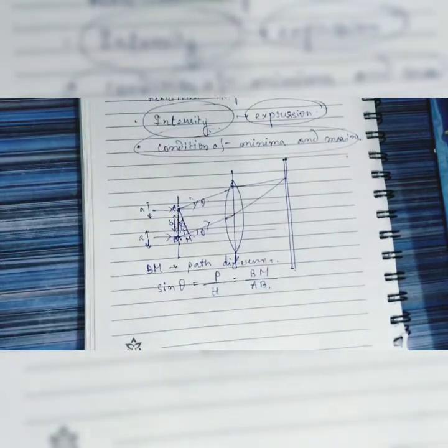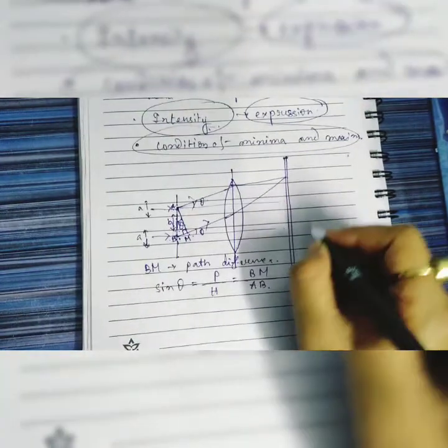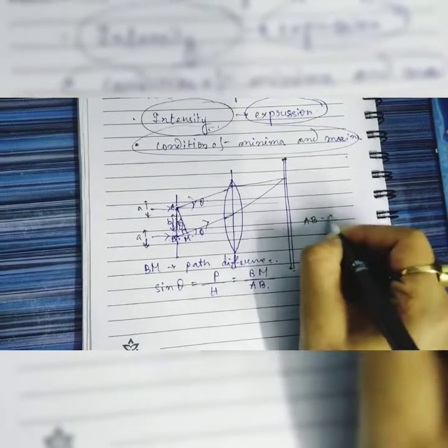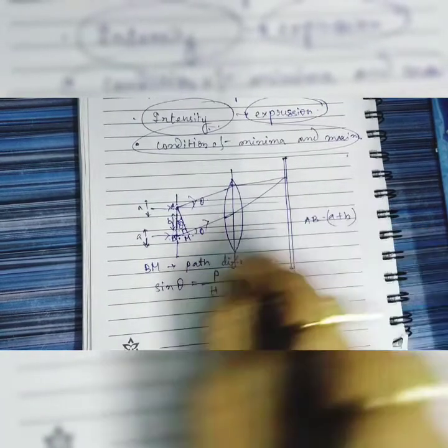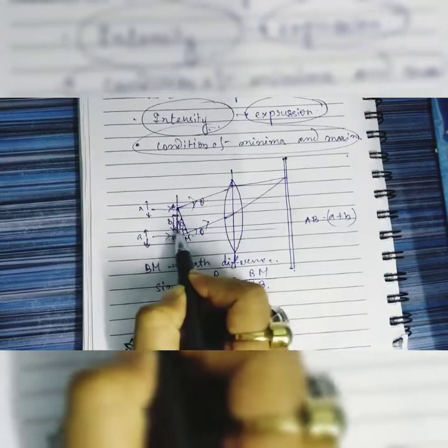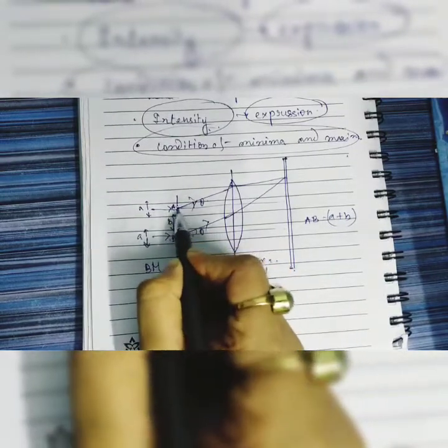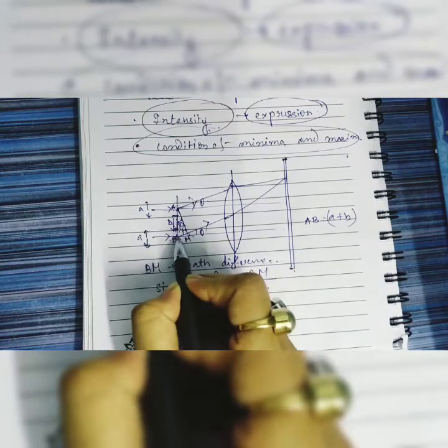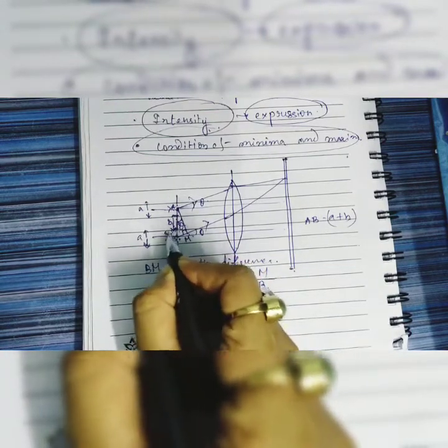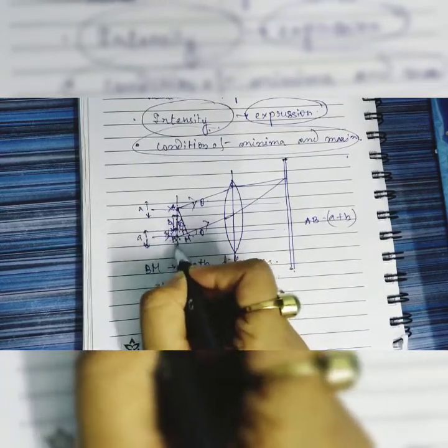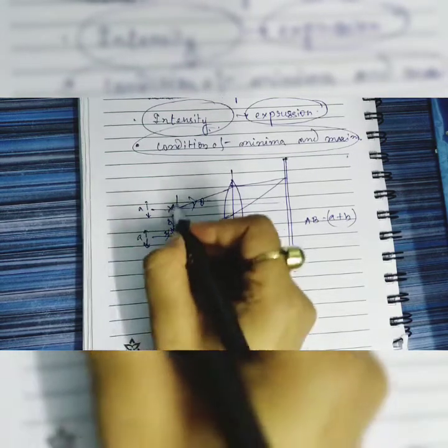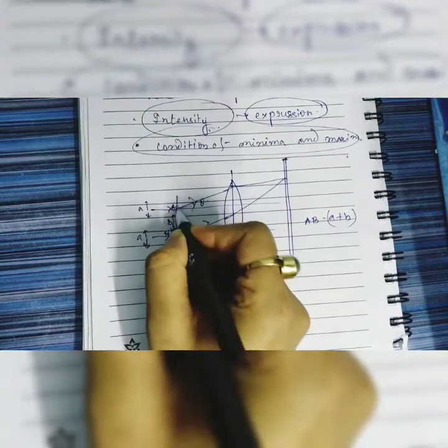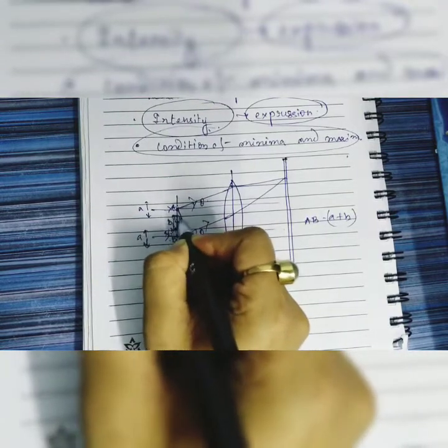Now what is the measurement of AB actually? See, AB is equal to A plus B. Why so? The opaque space is B, and this is at the middle point of the slit width, and B is also at the middle point of the slit width. So this is actually A by 2, because the total slit width is A. Half of the slit width will be A by 2, and for the other slit width this is also the same, A by 2.